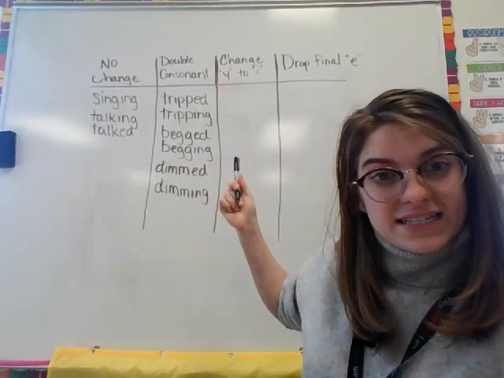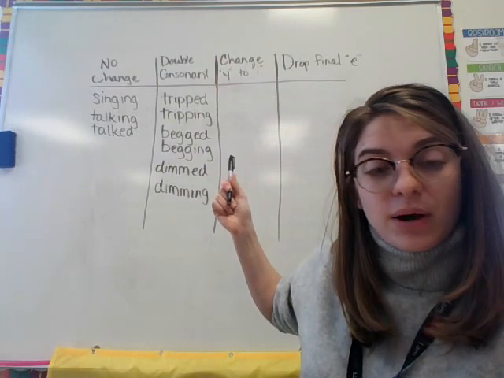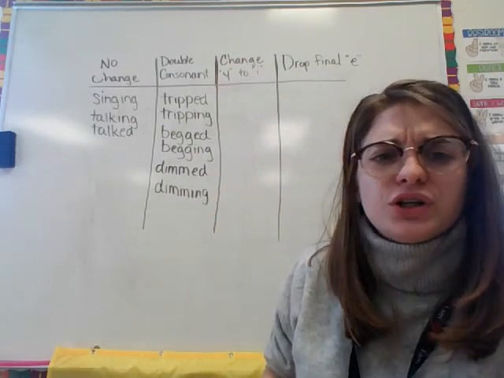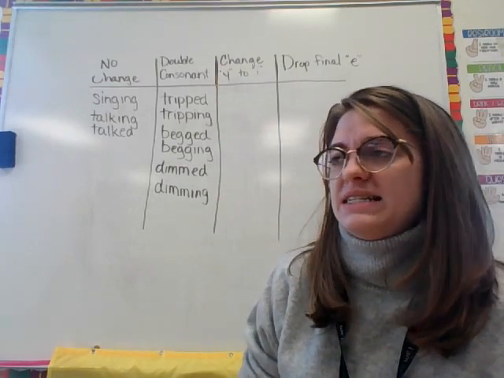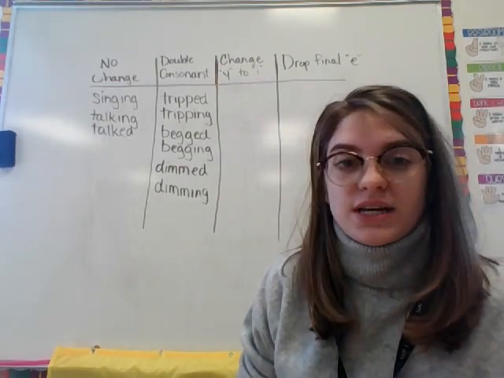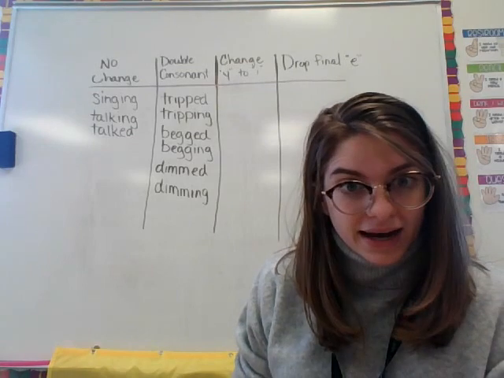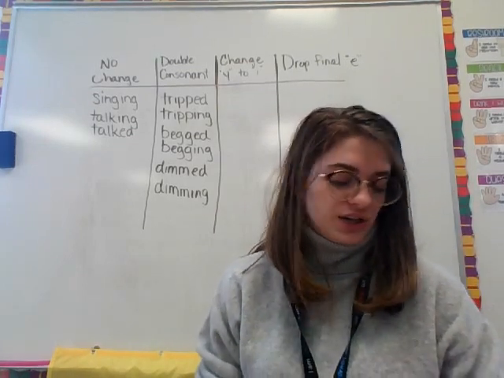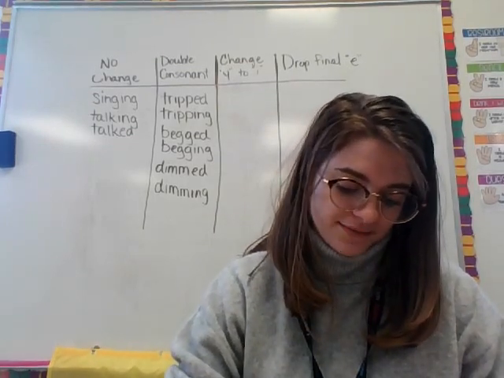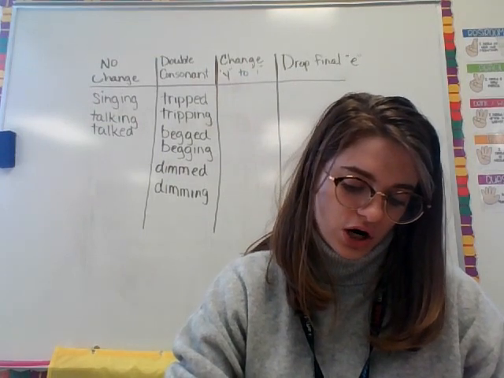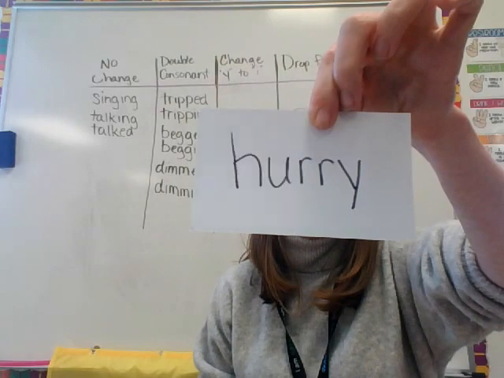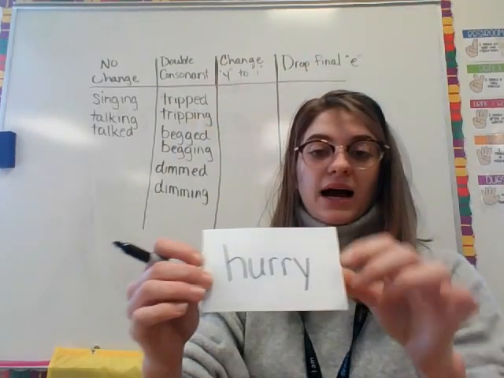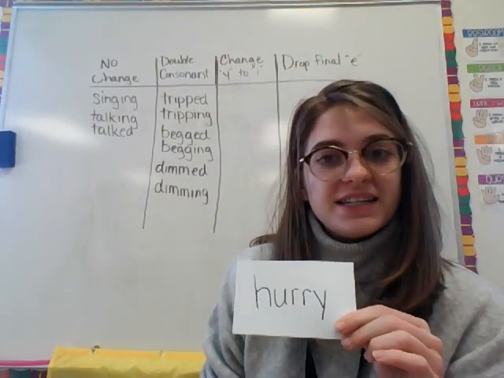Oftentimes when words end in a Y, but we're changing the word to make it plural or past tense or present tense, adding an ED or an S or an ING, we change that Y to an I. It's very often. So we're going to start with the word hurry. But I want to change the word to hurried.